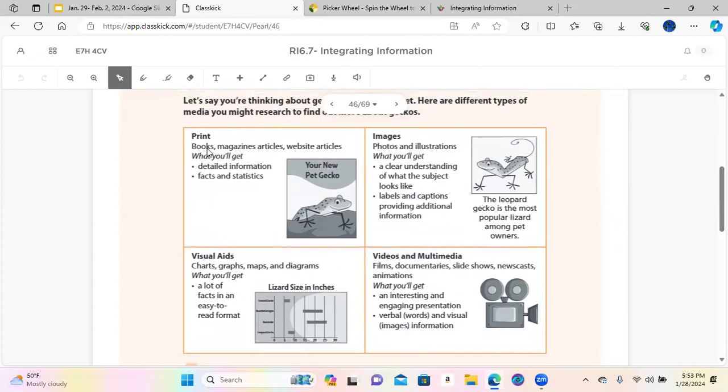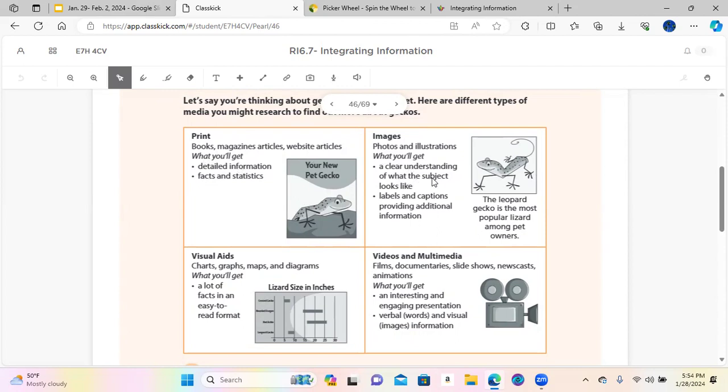So we look at the print: books, magazine articles, website articles. What you'll get in these is detailed information, facts, and statistics. So you also have images, another way of presenting the information: photos and illustrations.